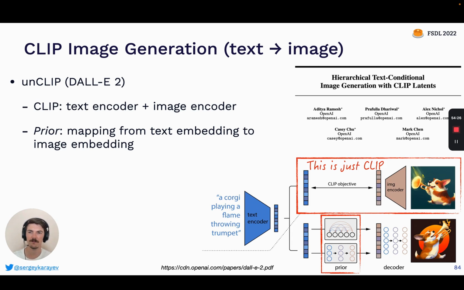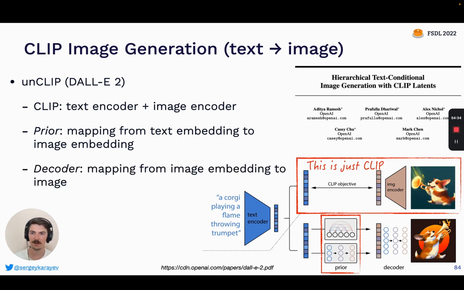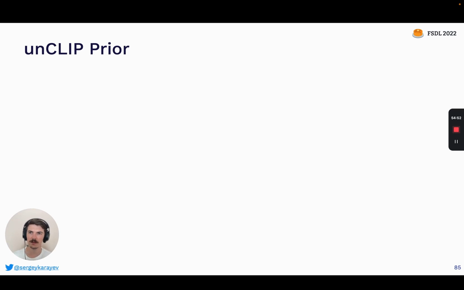So they have this model called the prior, which maps from the text embedding to image embedding. And it has another model called the decoder, which maps from the image embedding to the actual pixels of the image. It's unclear what data this model was trained on, but let's look at the prior and the decoder.